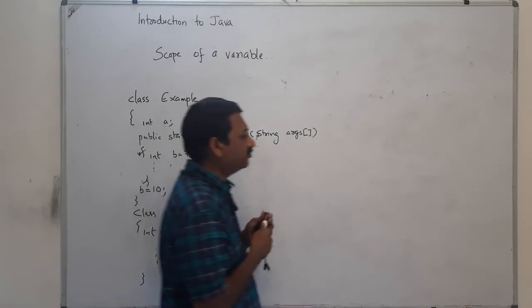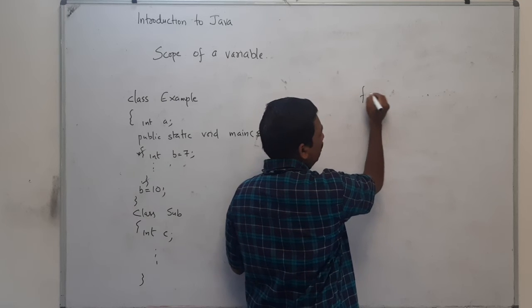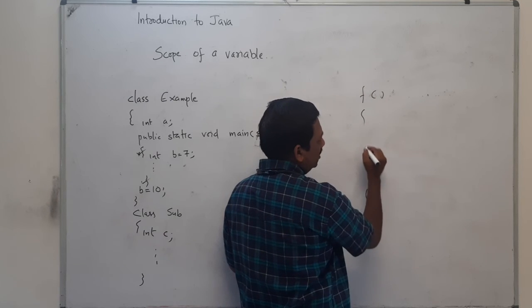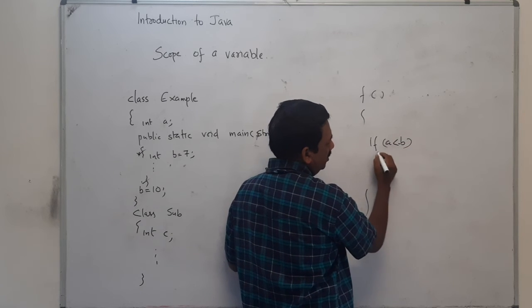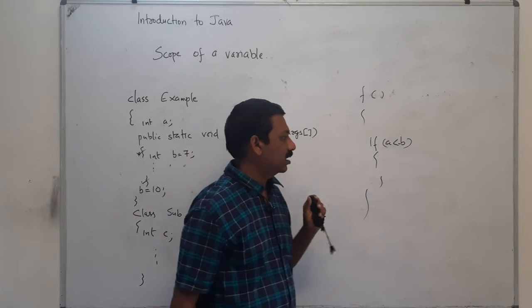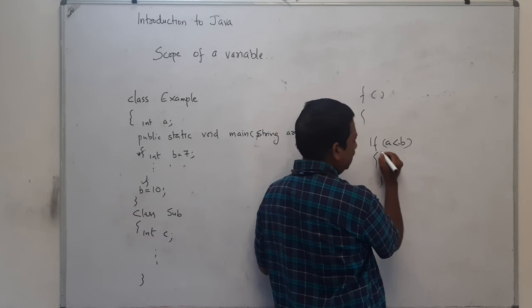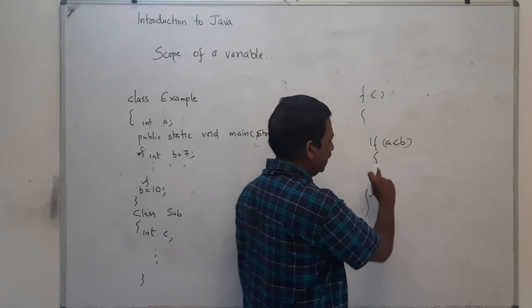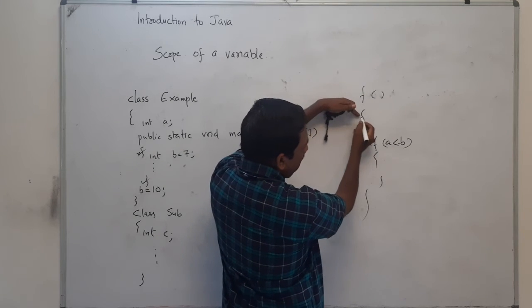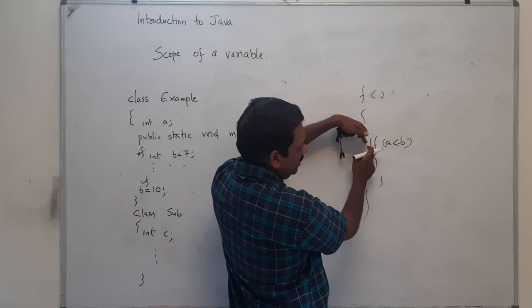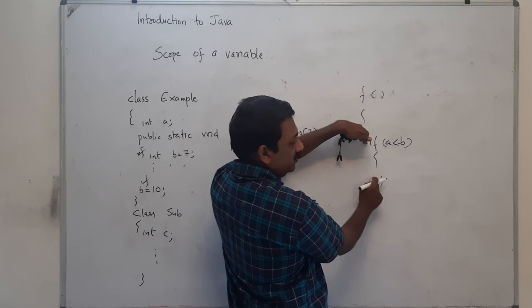For example, this is a function f, and suppose that if a less than b, suppose that here you have a block, and inside this if, this is another block. That means this function is from here to here, and this if block is limited to this portion.